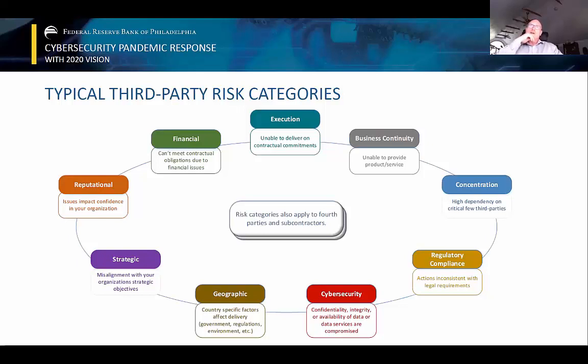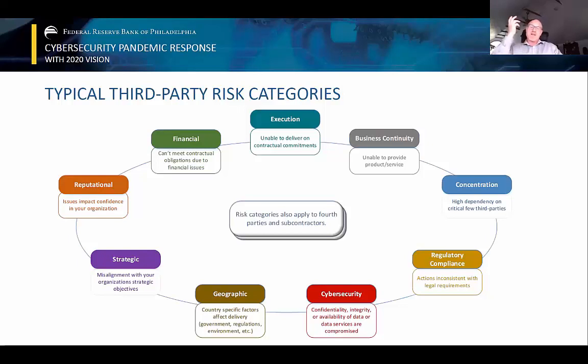Right in the middle here, you'll notice I'm calling out fourth parties, fifth parties and subcontractors. A lot of these risks might also apply to those. You'll notice that pandemic risk is not a risk category, so it's not something specifically managed against when it comes to third-party risk.